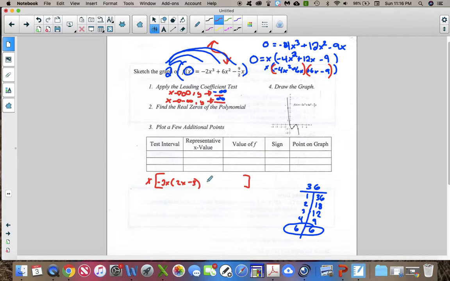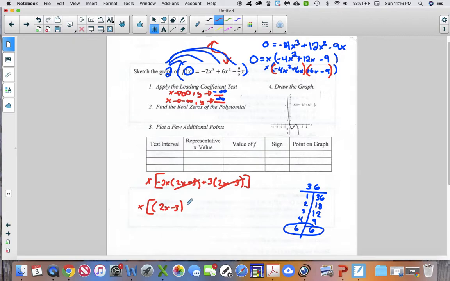And out of the second piece, I can pull a 3, so 2x plus 3, and I have a 2x minus 3. So in addition to this x, I also have 2x minus 3, which is the stuff in the parentheses, and then I have a negative 2x plus 3. That's what I have going on there.